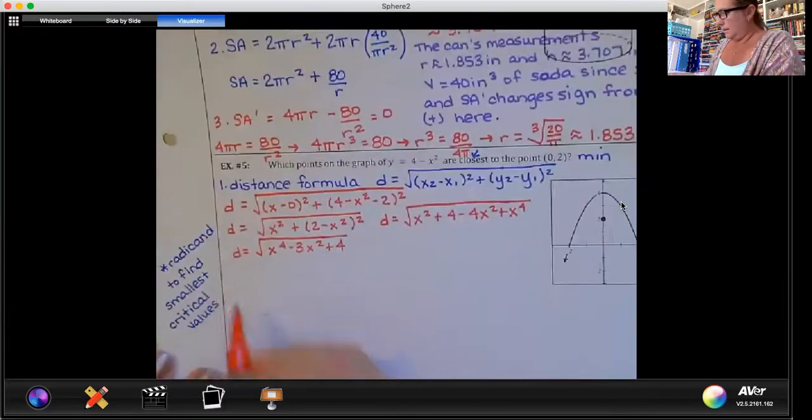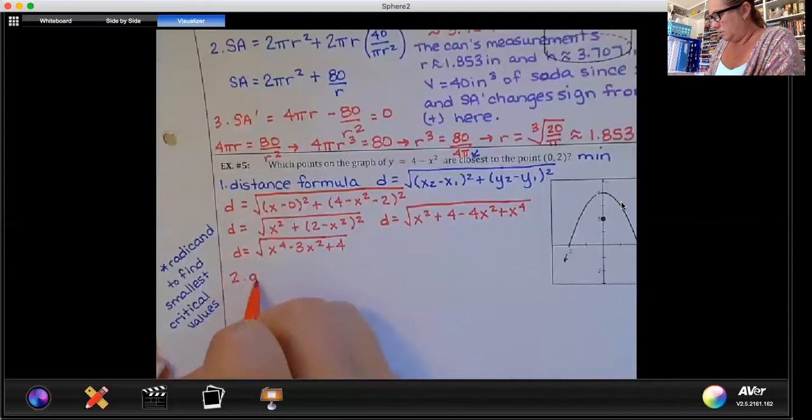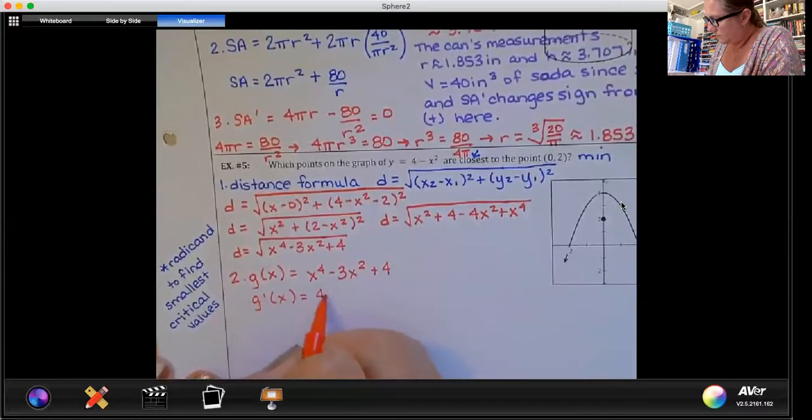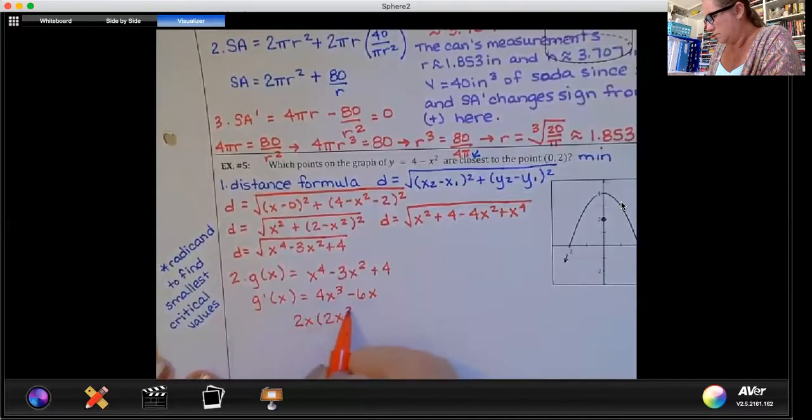So we're going to declare our function g of x or f of x, whatever you want, as x to the fourth minus 3x squared plus 4. Find your derivative. Set it equal to 0. And so x is going to be 0 and plus or minus the square root of 3 over 2.